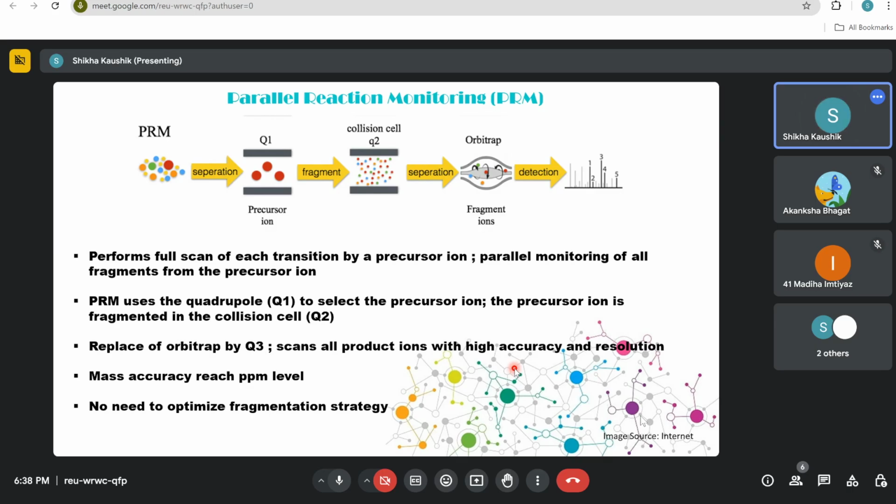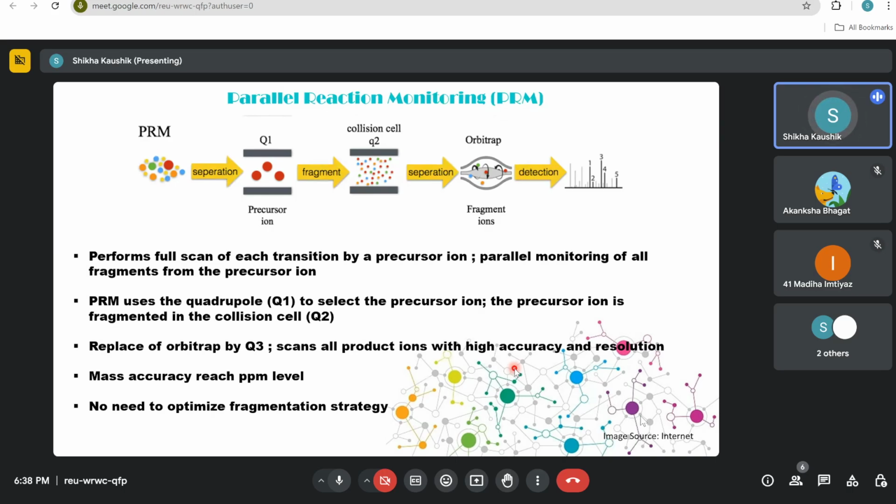In case of parallel reaction monitoring, you are studying all the daughter ions, but you have already selected your precursor or parent. So perform full scan of each transition by the precursor ion, parallel monitoring of all fragment from the precursor ion. So parallel monitoring of all daughter ions is happening in case of parallel reaction monitoring.